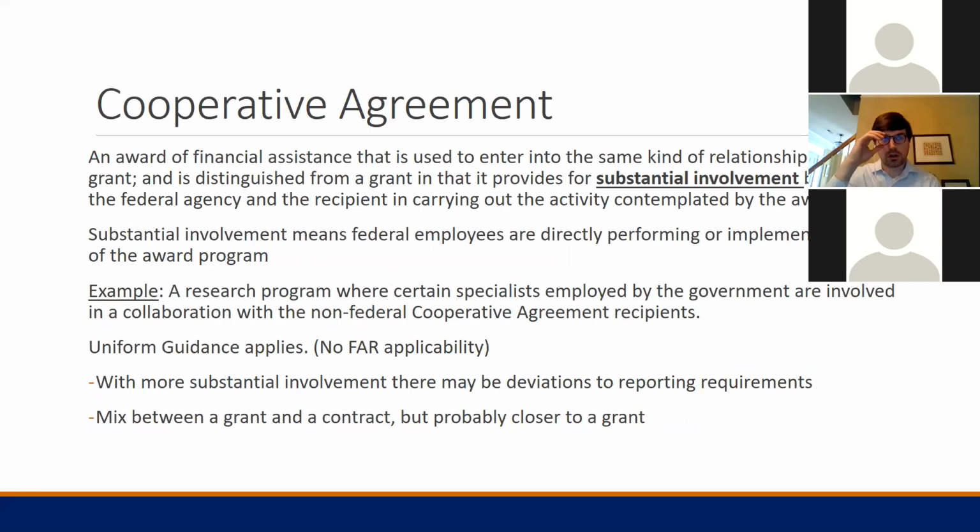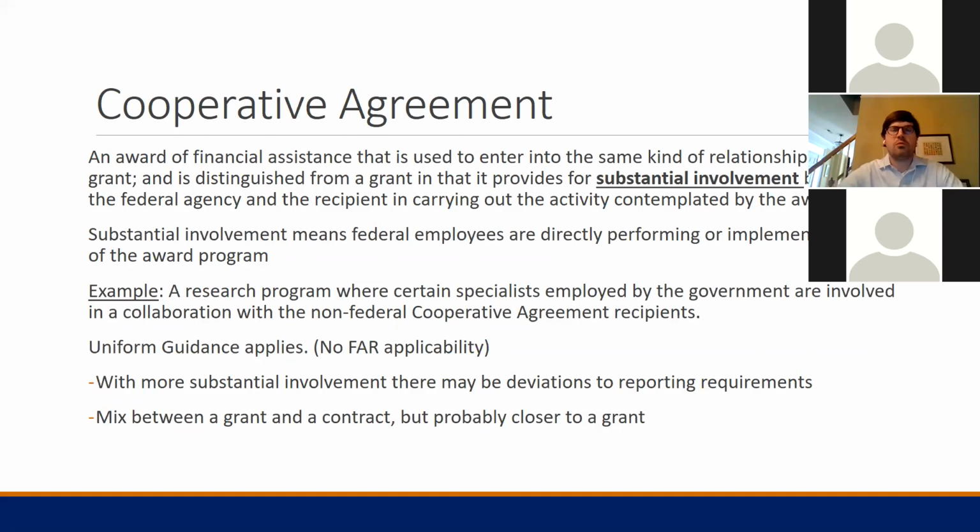So contrast that with a cooperative agreement, and I think the classic underlying distinction here is just that it's basically a grant, but there is substantial involvement from the federal agency. So that may be that their technical folks need to be heavily involved in the performance of the work, and therefore it's different from a grant in that you're not just sending money out to say, go perform this general scope of work.